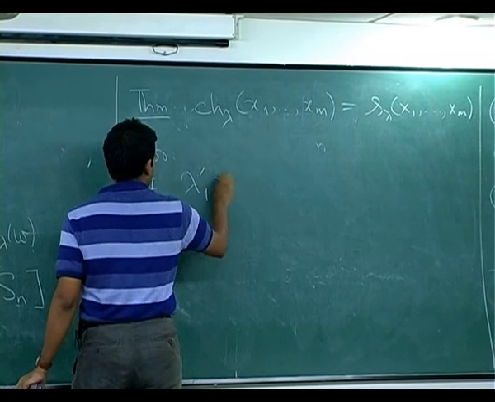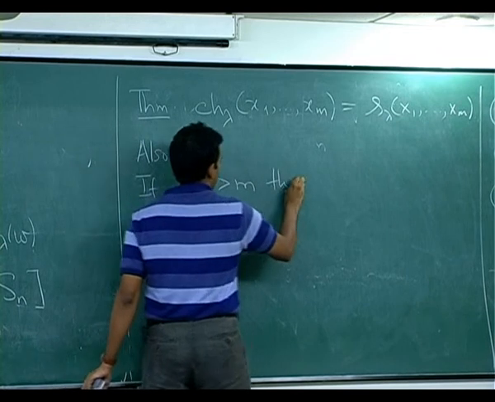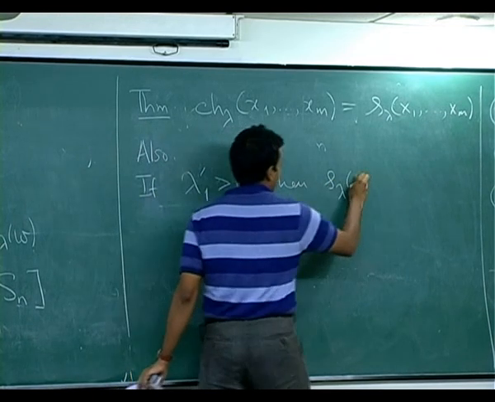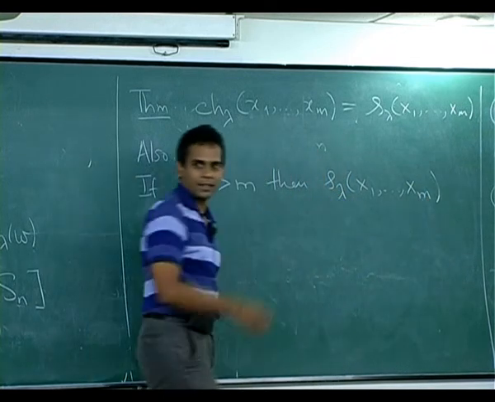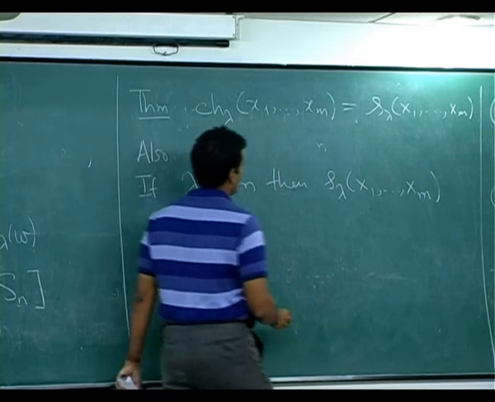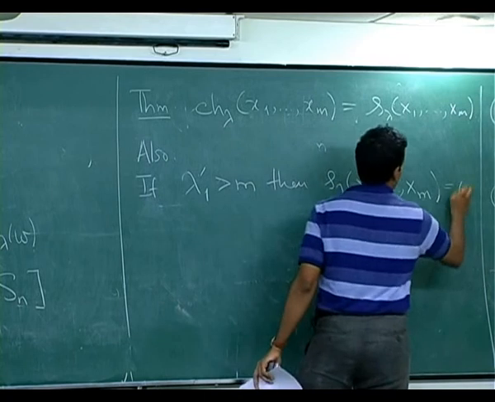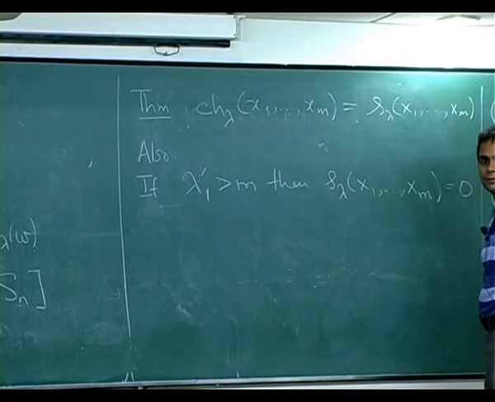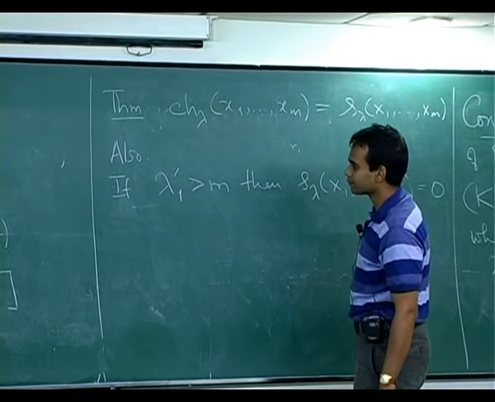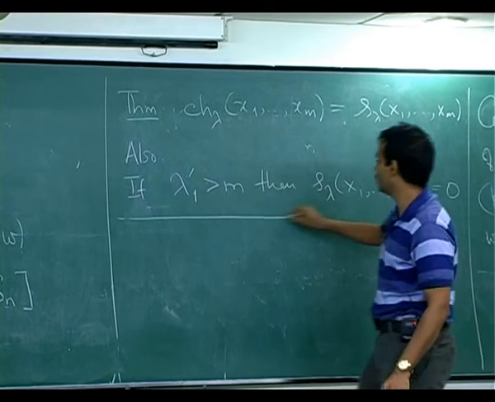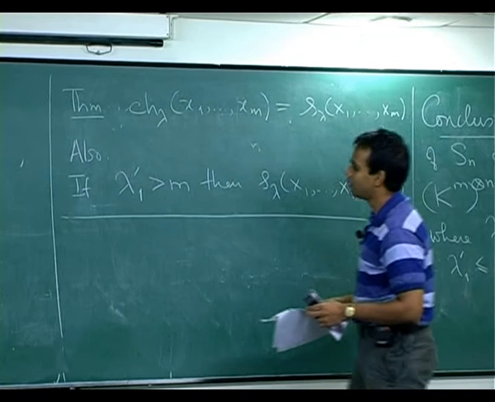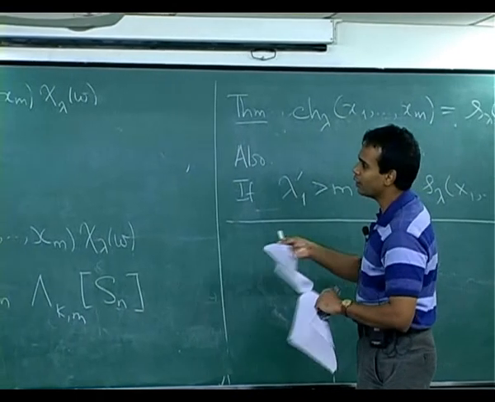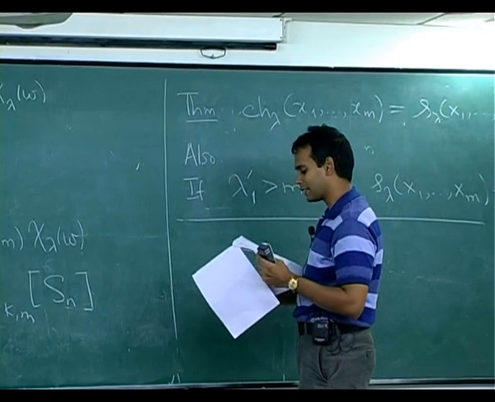You could have proved this using other means, but this is a nice proof of it. Okay. And this I will need in order to conclude that a polynomial representation is determined by its characteristic.